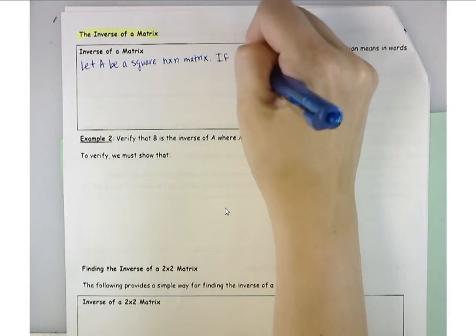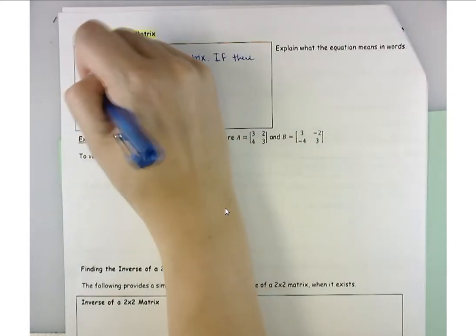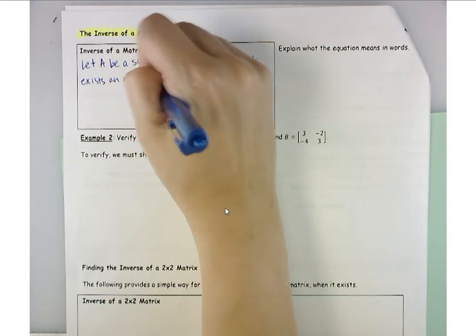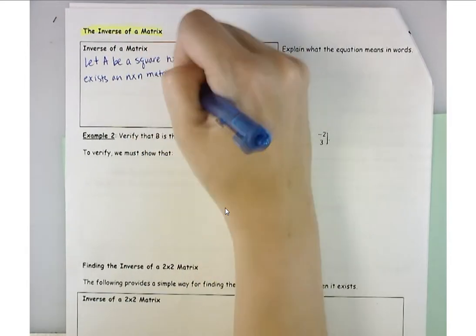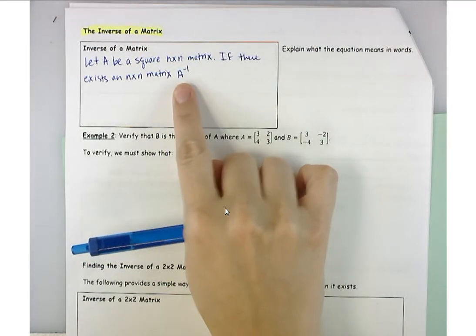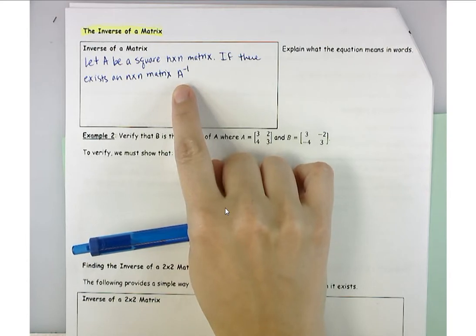If there exists an n by n matrix which is what we call A inverse. So it has the same notation as the inverse had when we were doing functions, inverse functions. Remember we had the f with the -1?